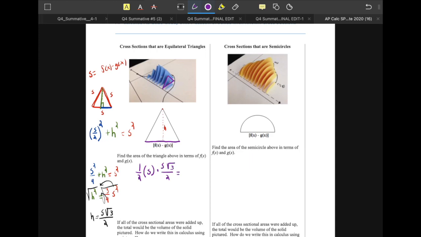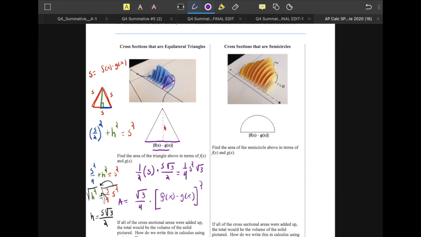And so this gives us 1/4, right? 1/4 of S squared root 3. And so if we kind of rearrange this and put S back to being f of x minus g of x, we would have the square root of 3 over 4 times f of x minus g of x squared.